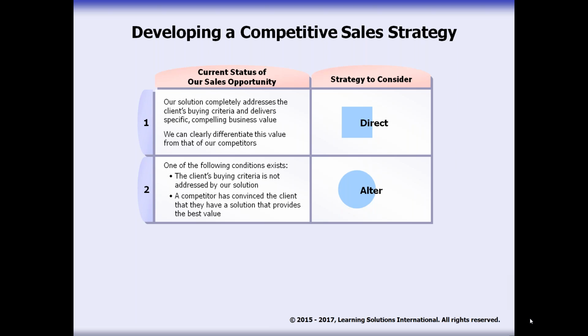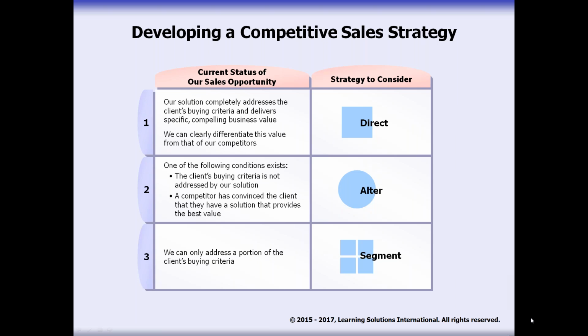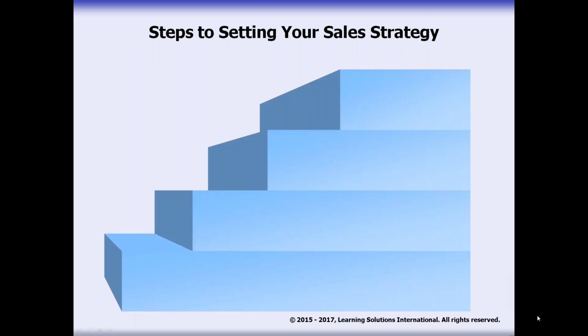Or a competitor has convinced the client that they have a solution that provides the best value. So we may have to do something a little bit differently. A segment strategy is when you can only address a portion of the client's buying criteria. So you may only be able to go after a portion of that particular opportunity that's in front of you within the client organization.